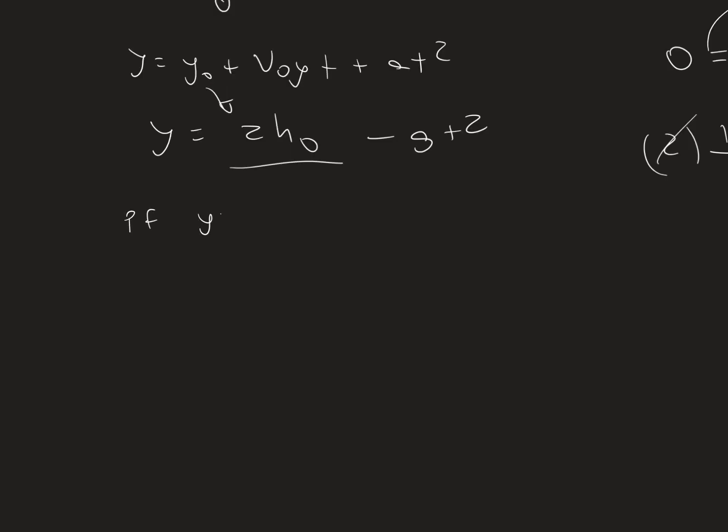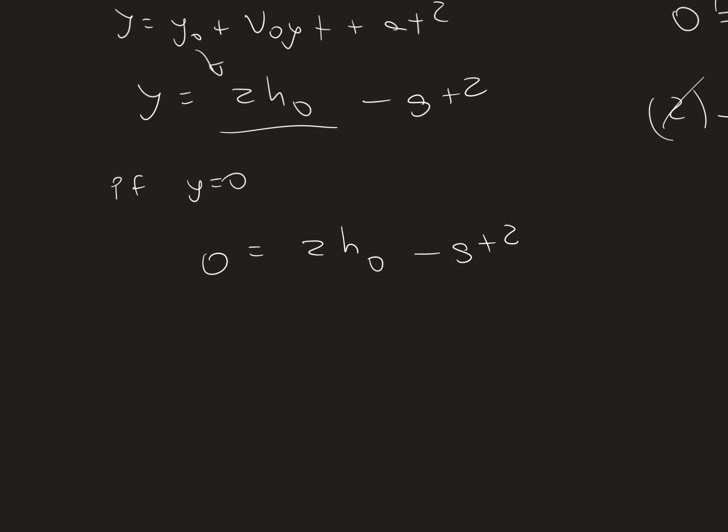So if y equals 0, we get 0 equals 2h0 minus g t squared. Let's move it to the other side to make it positive. g t squared being equal to 2h0.